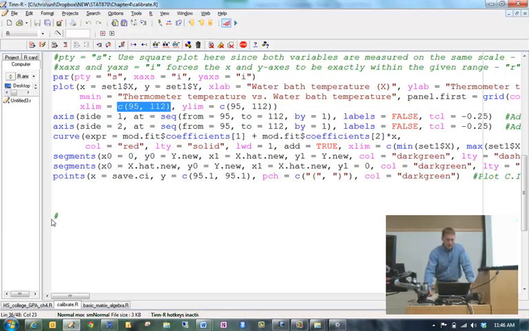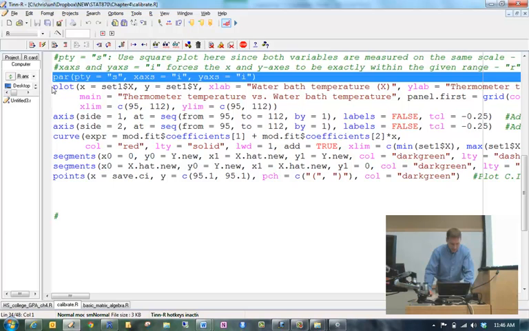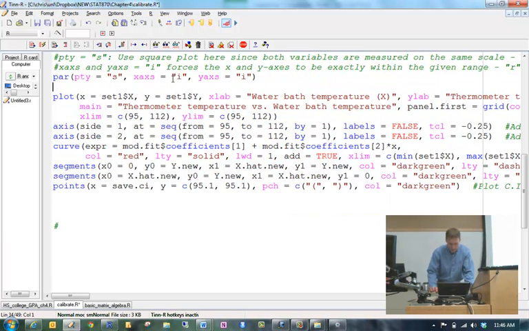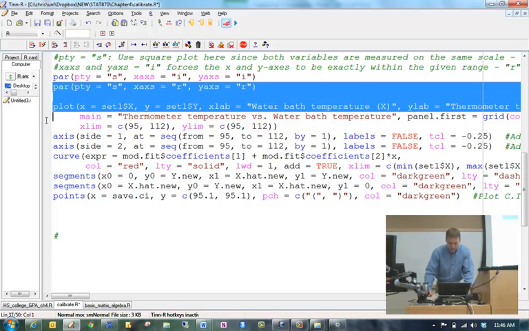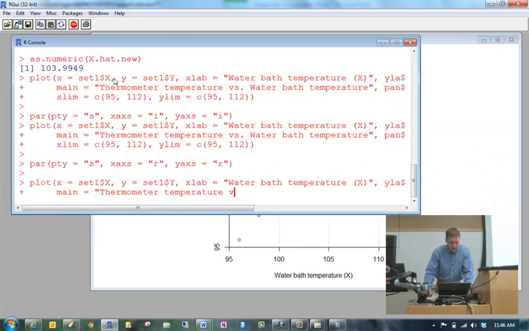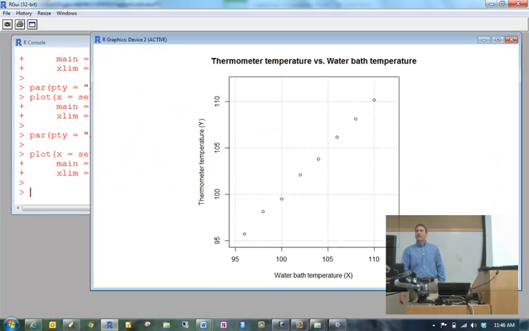Now by default, let me change it back to the default real quick. The default is an argument value of r, and you can see the effect. Basically, I think it's r, if you specify 95 to 112, it actually goes out about 10%, 12% larger or smaller than where you specify, just to make sure that you get the points on the plot. I guess that's why that's done.